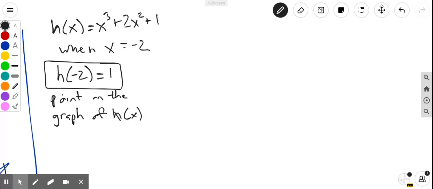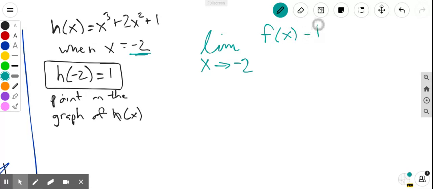So the alternative form of the limit is super specific. It states we're going to find the limit as x approaches, in this instance, negative 2, of the function minus the function at that specific value.